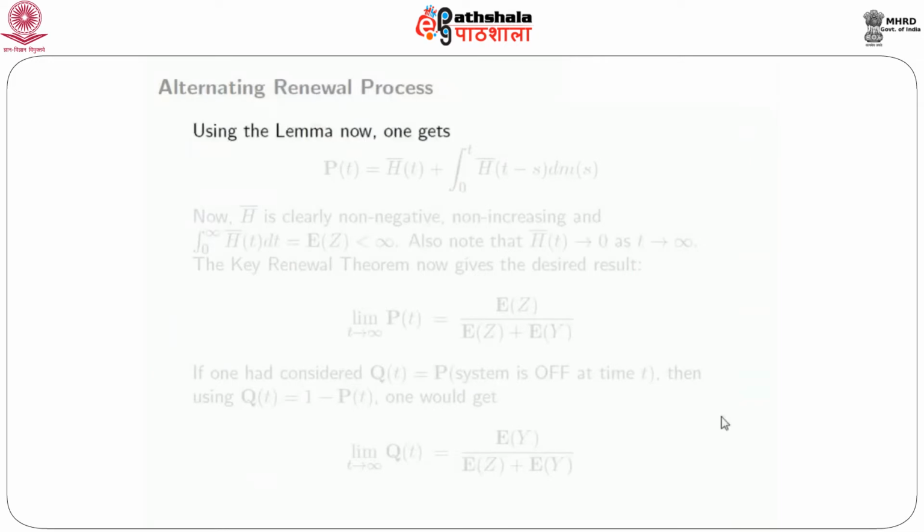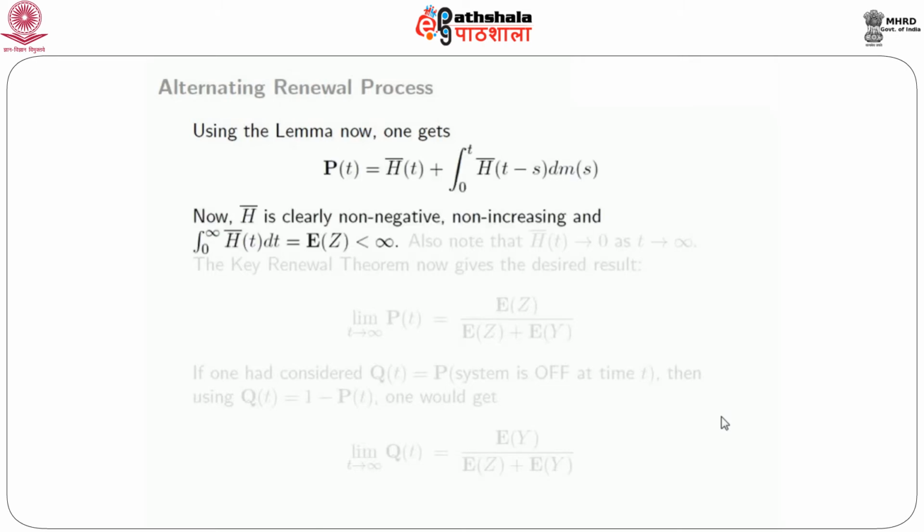Using the lemma now, because we know the distribution of SNT, here we have found conditional probabilities of on at time t given SNT. Now we are supposed to integrate this with respect to the distribution of SNT, which was given by that simple lemma. So using that lemma we get this probability of on at time t, which is p(t), is given by H bar(t) plus the integral from 0 to t of H bar(t minus s) dm(s).